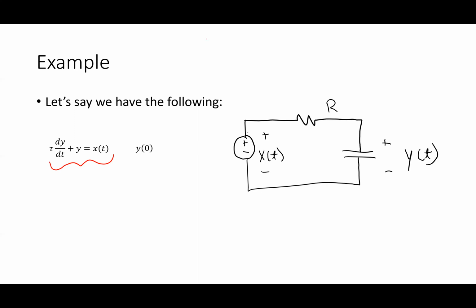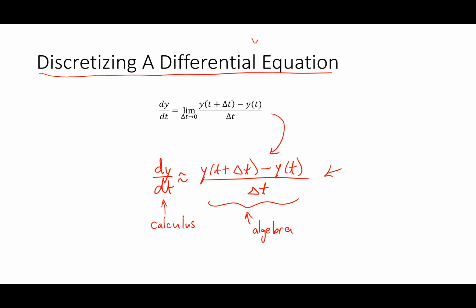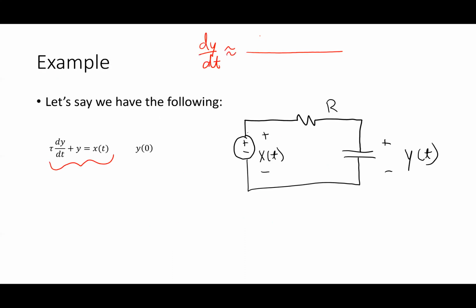Well, what did we say was the key? dy by dt is what? Well, I go back to my definition here. You can work out the details of the math, but don't pattern match to this too much.